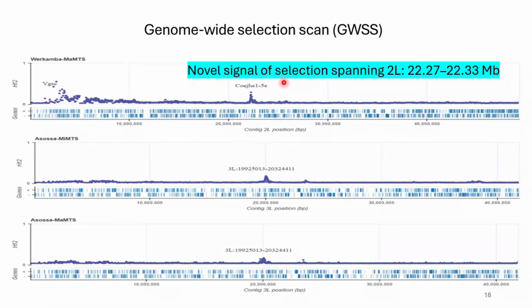We assume it could also be involved in driving resistance. We also observed signal of selection near the VGS gene in that northern part of Ethiopia, in line with the L995 higher frequency.